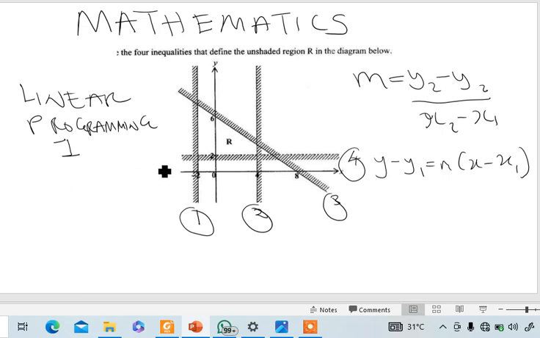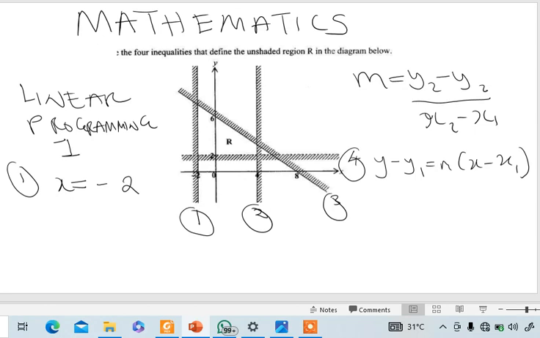When you look at this line here, it's cutting the x-axis on -2. So first, when you say x is equal to, where is it cutting? It's cutting on negative what? -2. Now, when you look at the question, they're saying write an inequality.